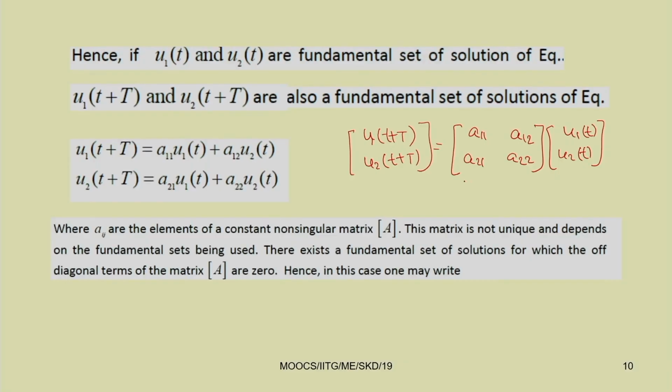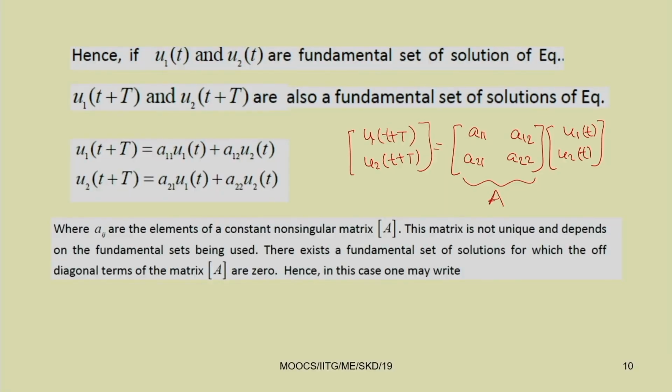Then knowing that response, we can write down u1(t + T) and u2(t + T) with a matrix A. This is a non-singular matrix, you can take the elements Aij of a constant non-singular matrix A. Starting with u1(t) and u2(t) with some initial condition, we can find the response after one cycle, and knowing that response we can write it in this form.